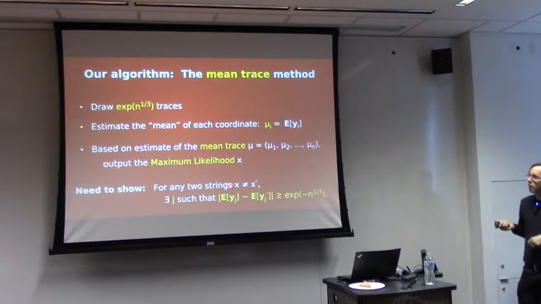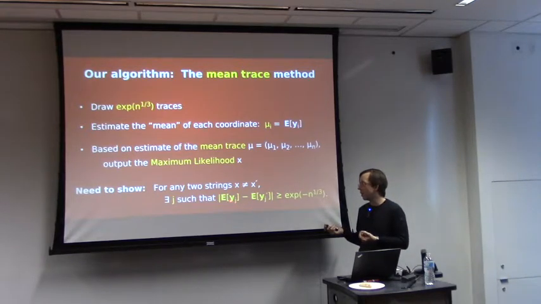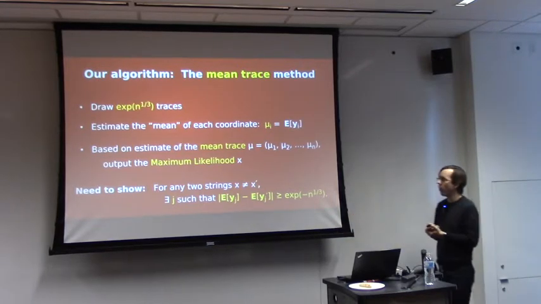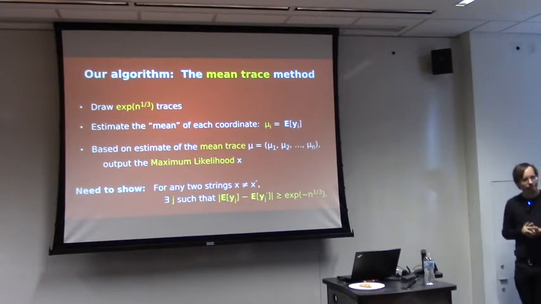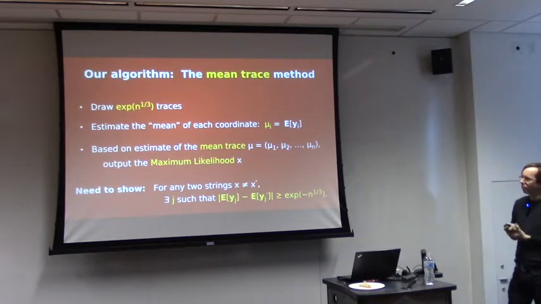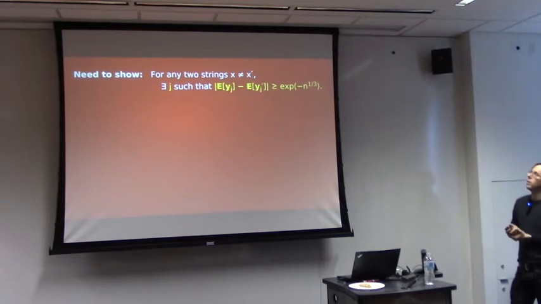So we want to show that for any two strings x and x prime, there's some coordinate that's slightly good at helping you distinguish between x and x prime, in the sense that the expected value of the jth trace bit under x and the expected value of the jth trace bit under x prime differ by at least exponential of minus n to the 1/3. Does that make some sense? Okay. So this is what we now want to show.